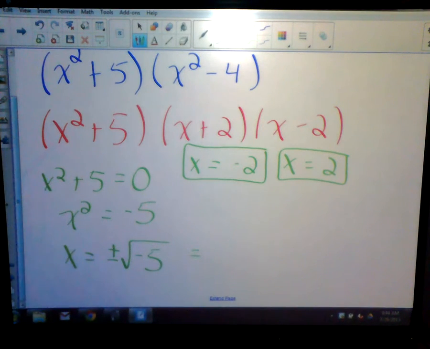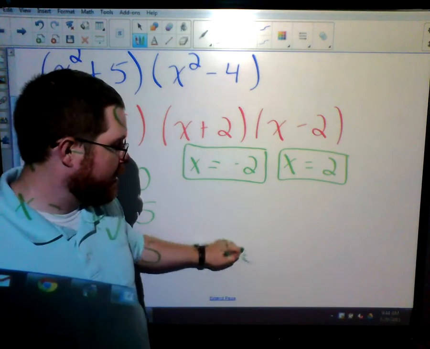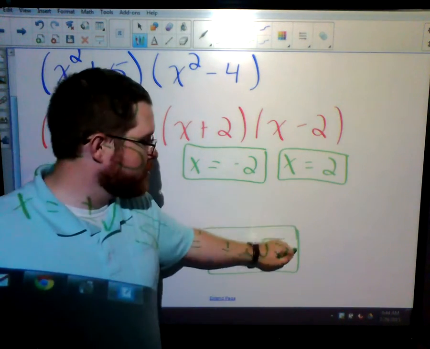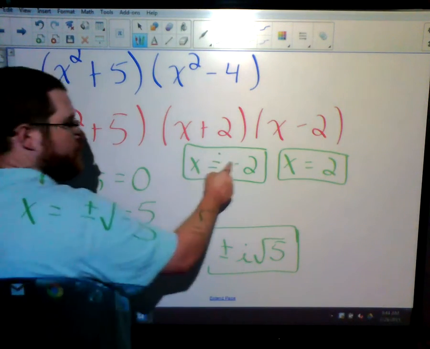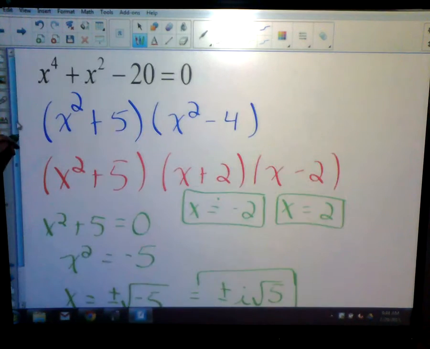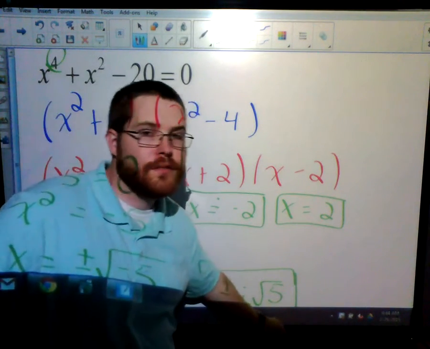But never leave an answer square root of negative 5. The negative is going to come out as an i square root of positive 5. So how many answers did I have? 1, 2, 3, 4. How many answers did I need? 4. So that one works.